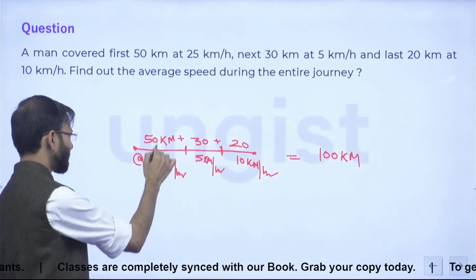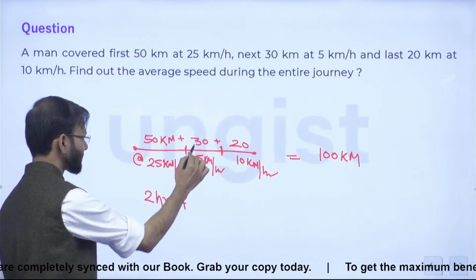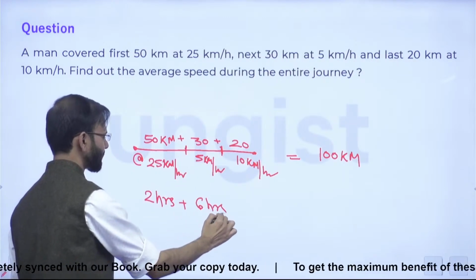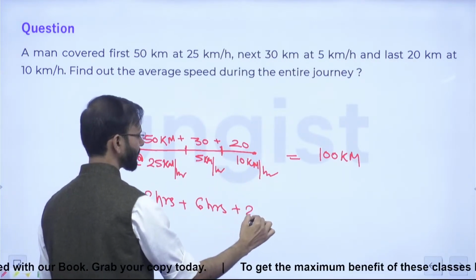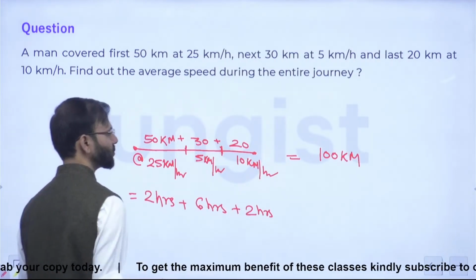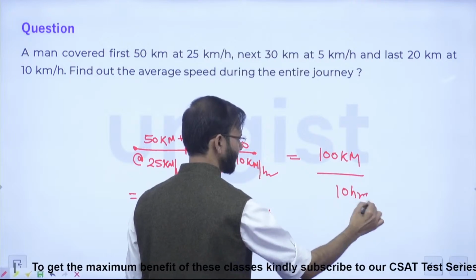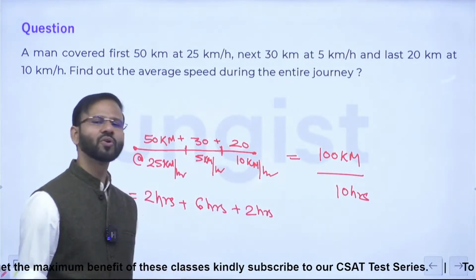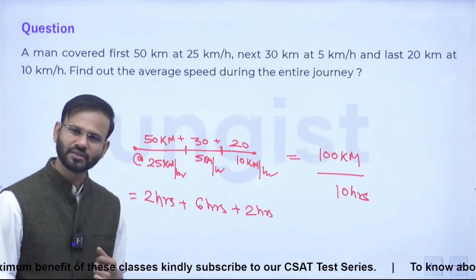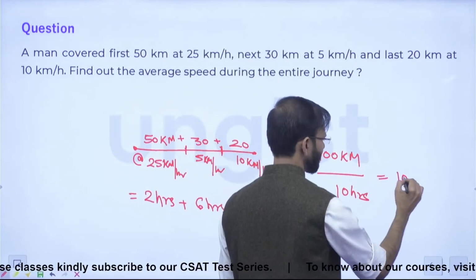So guys, what is this? 2 hours. What is this? 6 hours. And what about this? 2 hours. So all of you, 2 plus 6 plus 2, which is 10 hours. Right? So average speed will be what? 10 kilometers per hour. Everybody clear with this? This is 10 kilometers per hour.